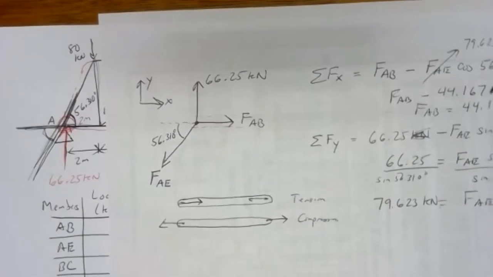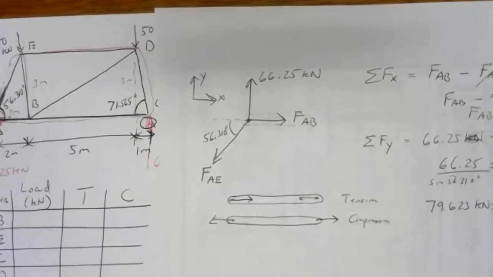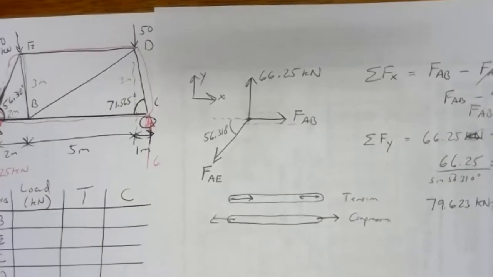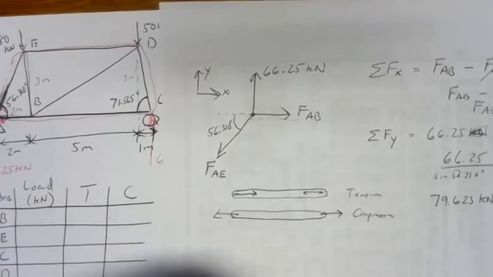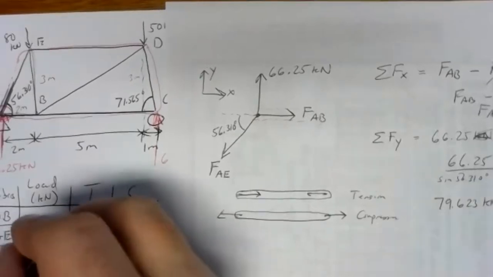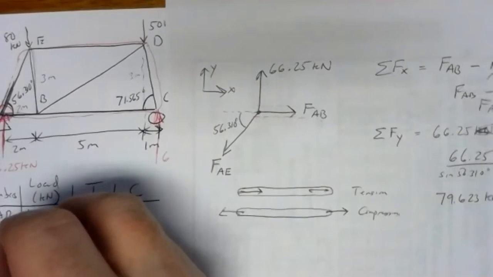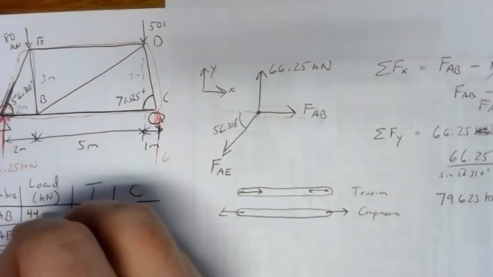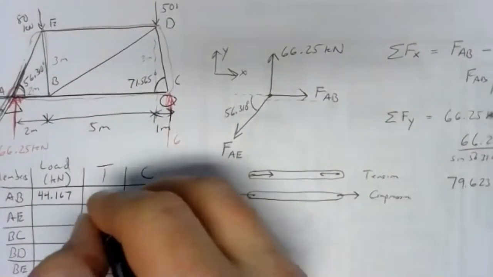So we can go over here to our table, and I'm not going to round into the table here. We'll draw a different table for our final answers, because we're going to have to refer back to several of these, and I don't want to be searching through the paperwork trying to find where that was. So we'll write out our 5 sig fig values here. Member AB carries a load of 44.167 kilonewtons, and we've determined it's in tension.